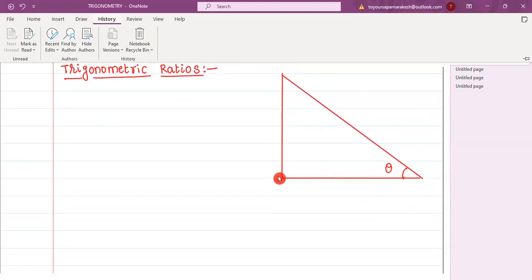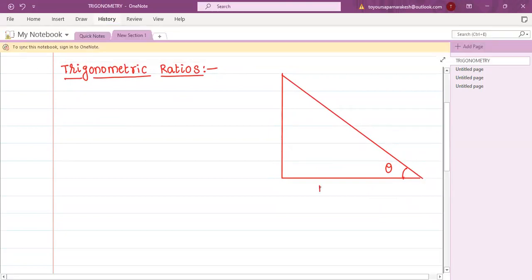With respect to theta, this side is nothing but the base or adjacent side.